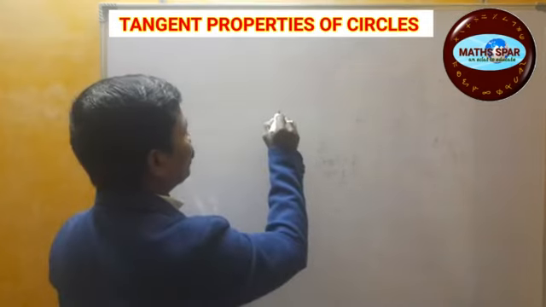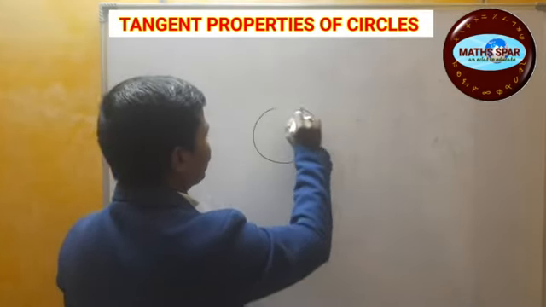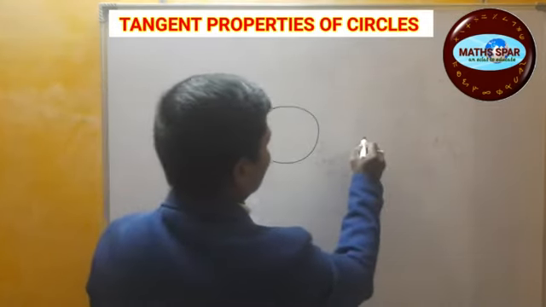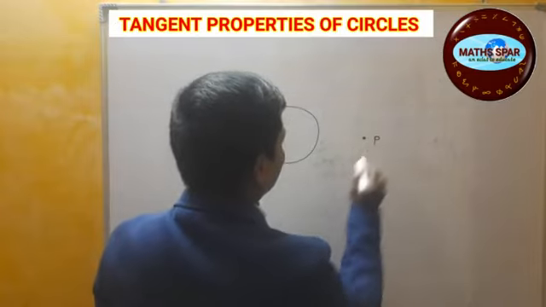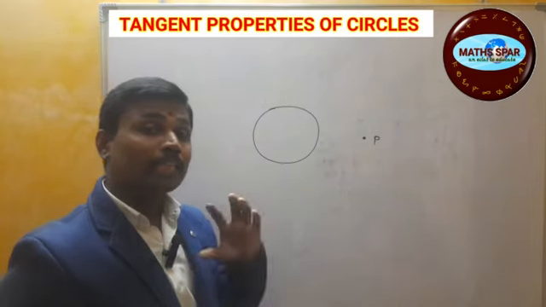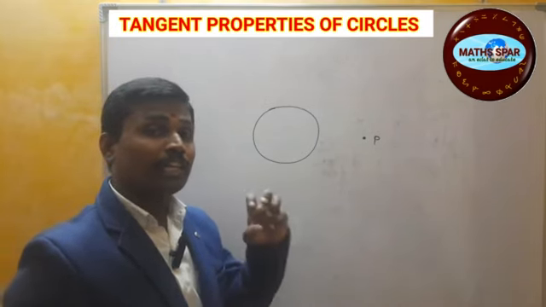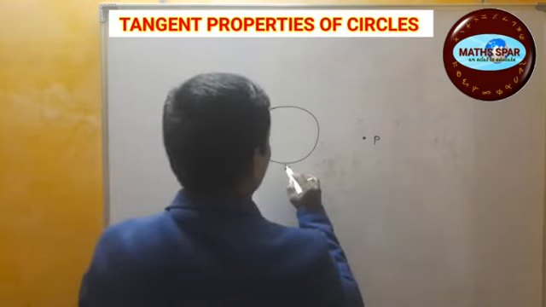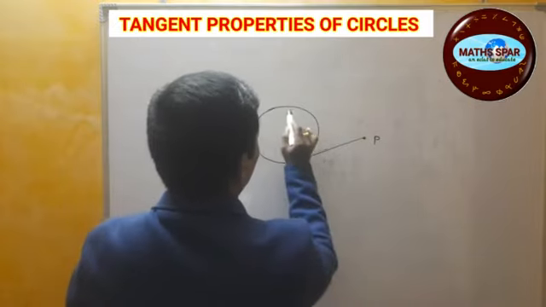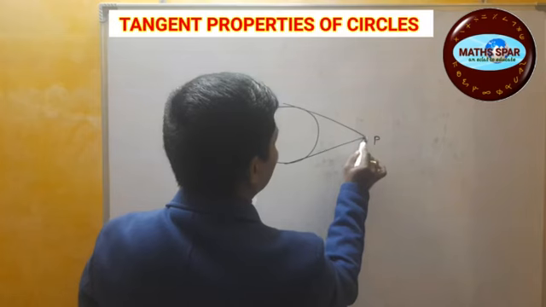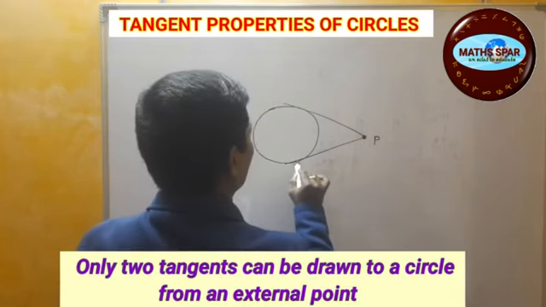Before we look at the third theorem, let us know how many tangents can be drawn to a circle from an external point. If this is a circle and its external point is this, then how many tangents can we draw? We can draw only two tangents from an external point.